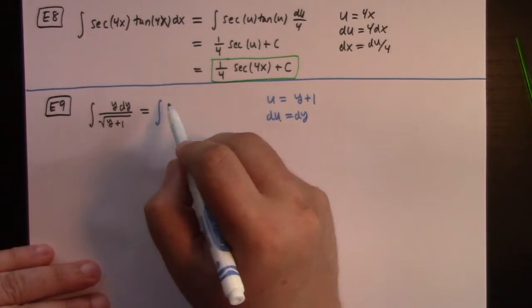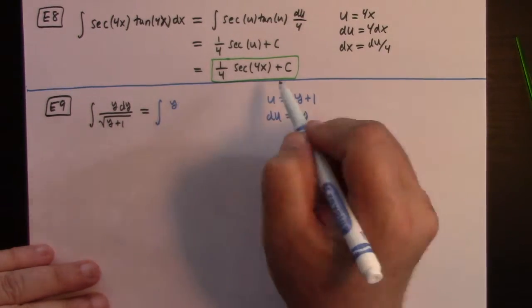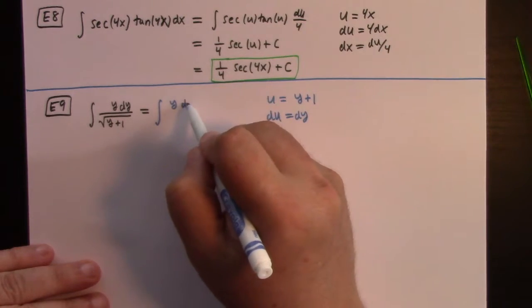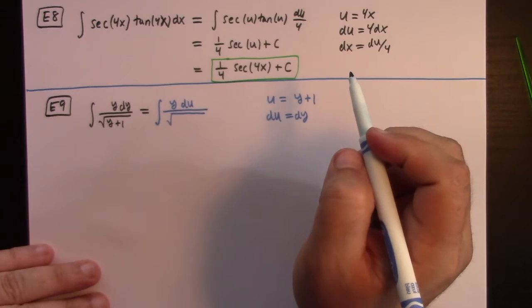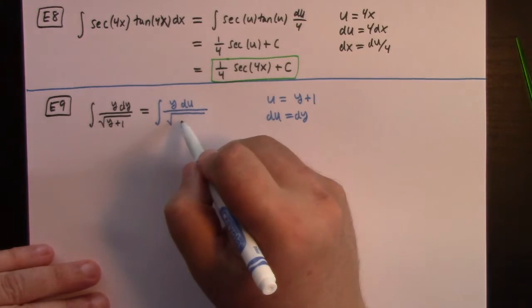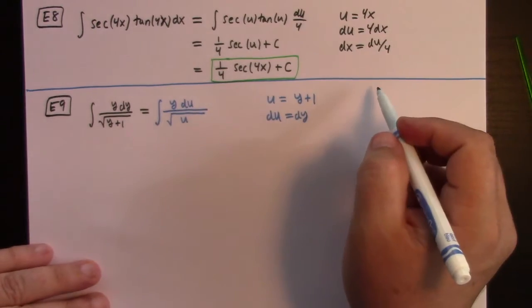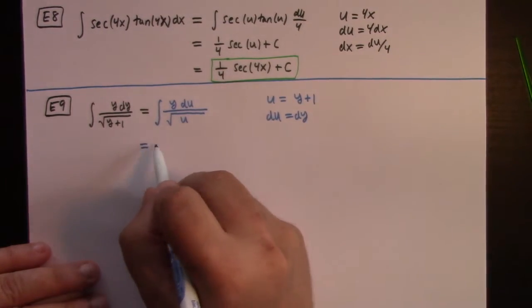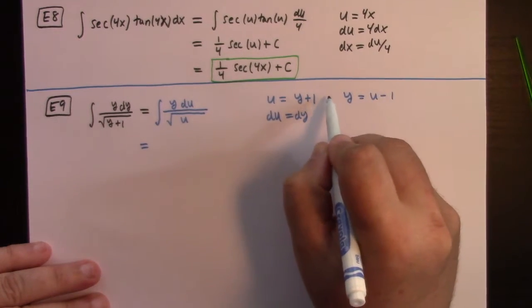So this would give me the integral of y, now dy would be du, over the square root of u. It's like, oh no, but I got a y left over. All right, so it's kind of that problem we just worked a second ago. This time y is equal to what? Well, y is equal to u minus 1 by algebra, right?